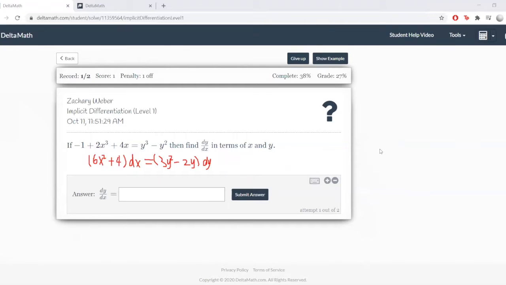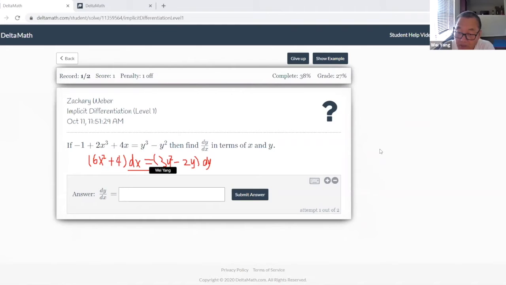Yeah, so whenever you take the derivative, you take the derivative of both sides. The left side is only related to x, so we take the derivative about x. The right side is only related to y, so we take the derivative about y. Then they ask for dy over dx, so we divide both sides by dx.